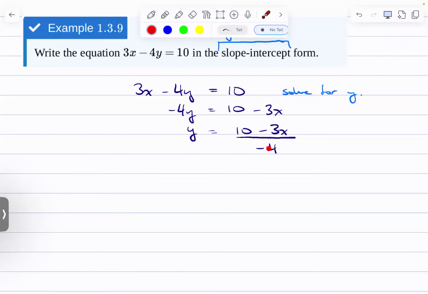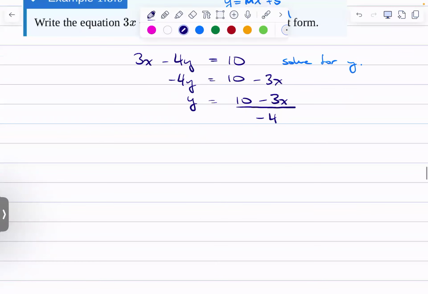The 10 is being divided by negative 4 as well as the negative 3x is being divided by negative 4, right? And so my first step is to write them out separately, okay? Just like this. y is 10 divided by negative 4 minus 3x divided by negative 4.